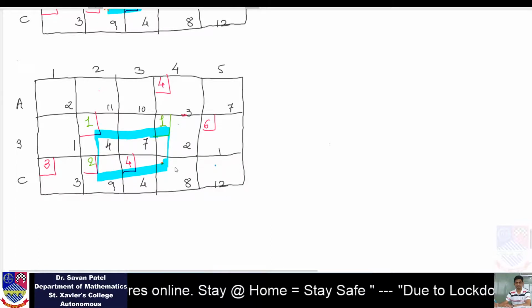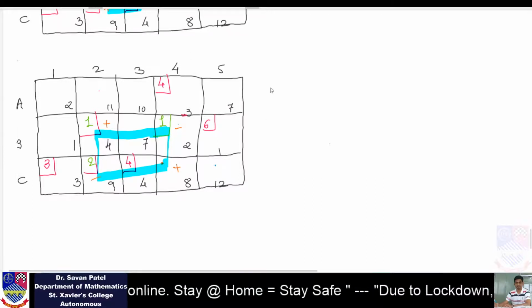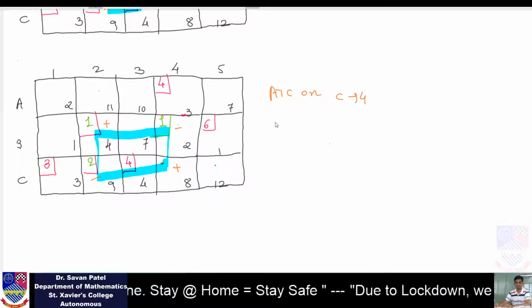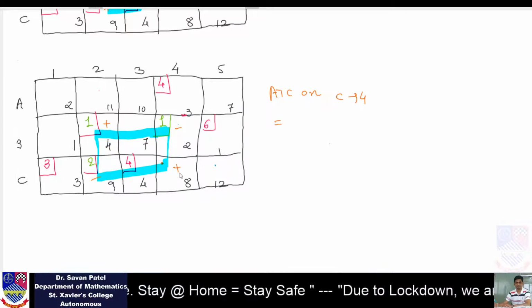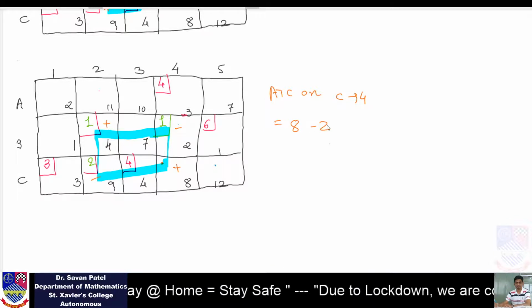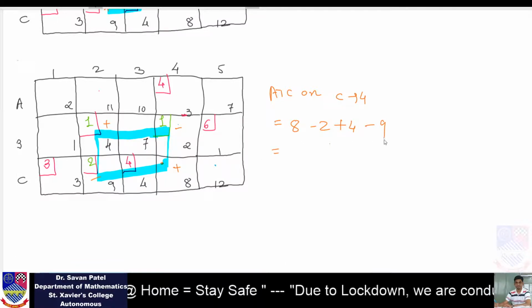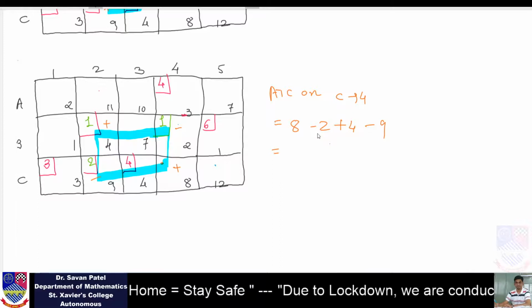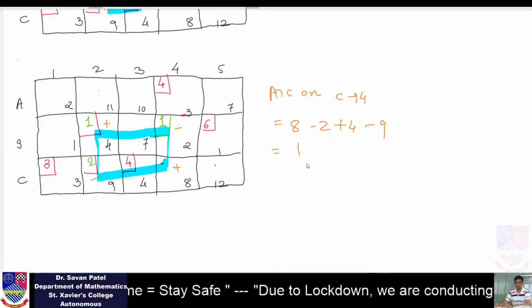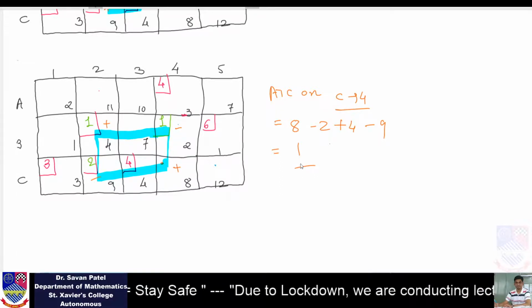So here we are having plus sign, here minus sign, plus and minus. So the additional transportation cost on transporting from C to 4 is 8 minus 2 plus 4 minus 9. So 8 minus 9 is minus 1, minus 3 and so 4, so it is 1. Okay, so additional transportation cost for transporting from C to 4 is 1, so that is also not feasible.